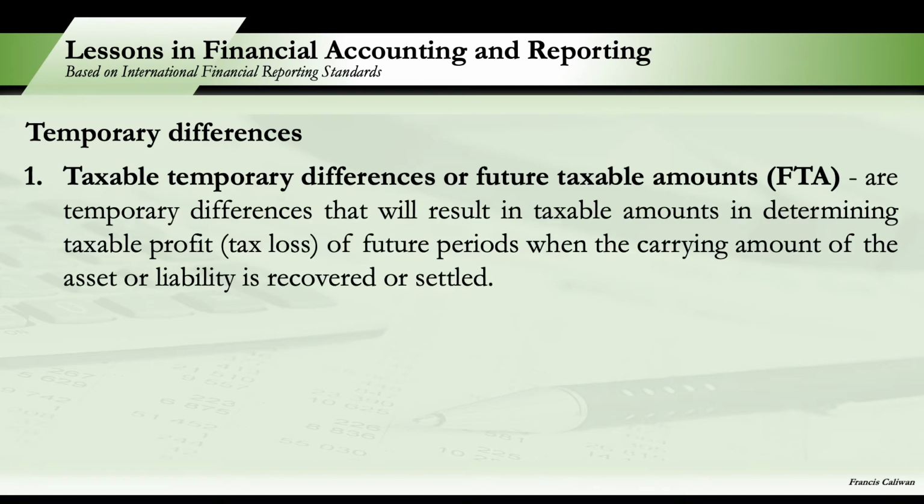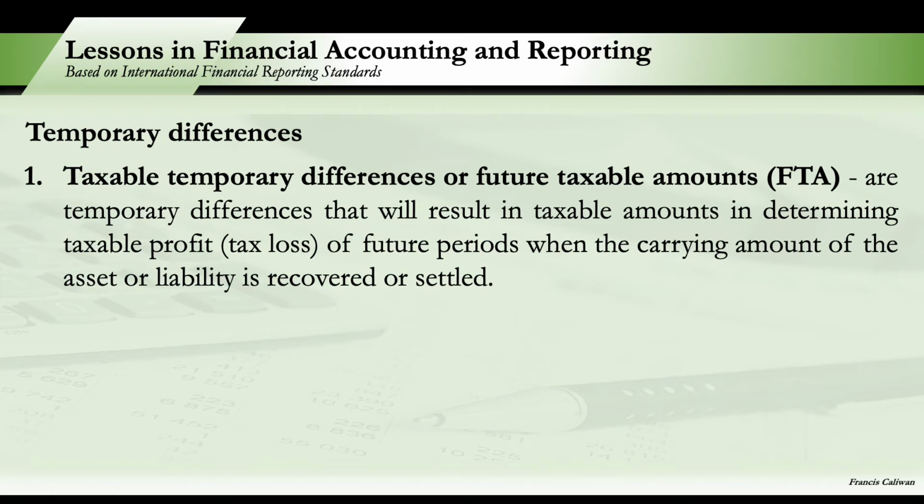So let's discuss first the taxable temporary differences, or what we call future taxable amounts. These are temporary differences that will result in taxable amounts in determining taxable profit or loss for future periods when the carrying amount of the asset or liability is recovered or settled. So technically, these differences will result to future taxable amount.